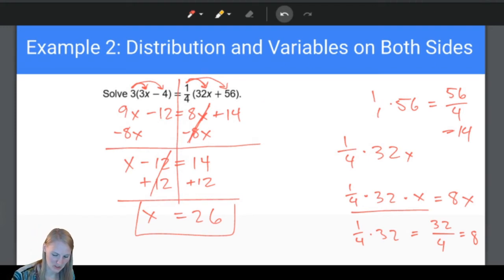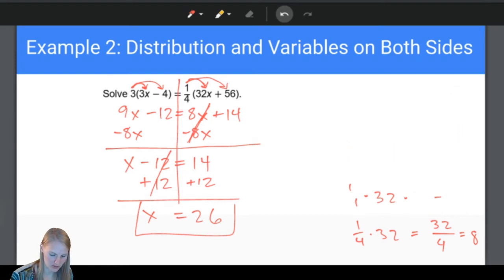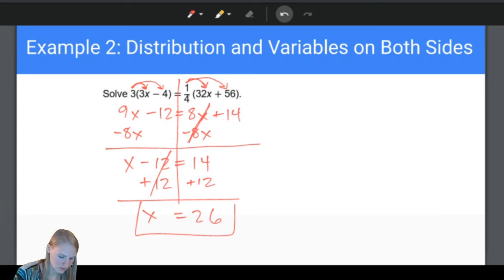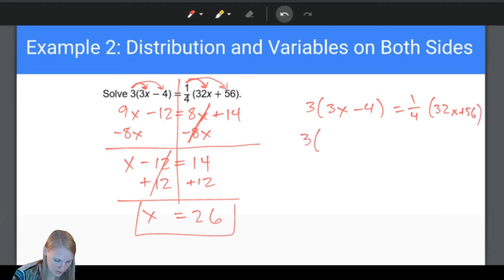All right, I'm going to erase some things on the side here so that we have enough space. Okay, original equation. 3 times (3x minus 4) equals 1/4 times (32x plus 56). So now we have 3 times (3 times 26 minus 4) equals 1/4 times (32 times 26 plus 56).